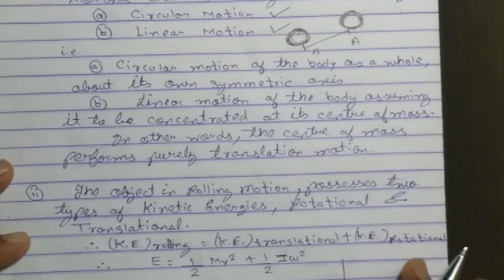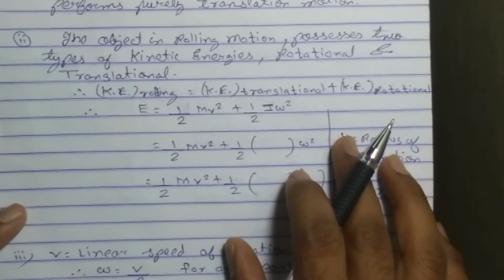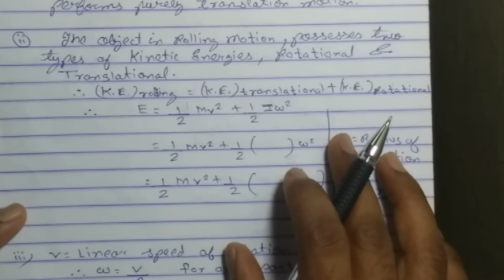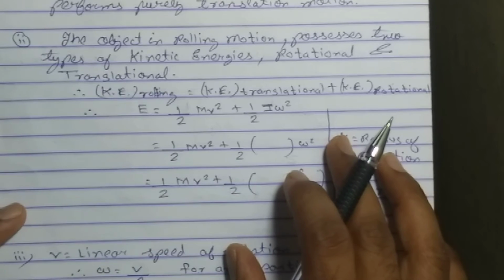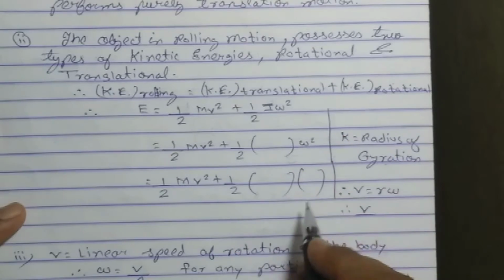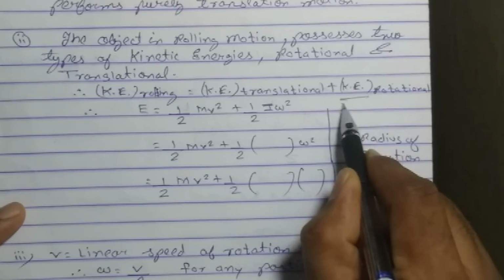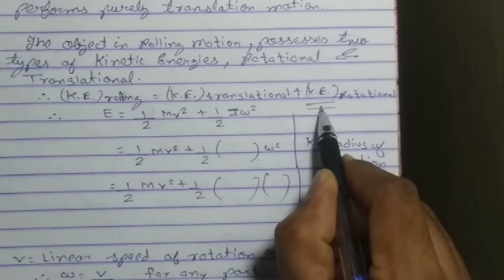It means linear motion of the body, assuming it to be concentrated at its center of mass. So an object in rolling motion possesses two types of kinetic energies. When there are two types of motions, there are two types of kinetic energy associated with the motions. If the body is circularly rotating, the kinetic energy is rotational kinetic energy.